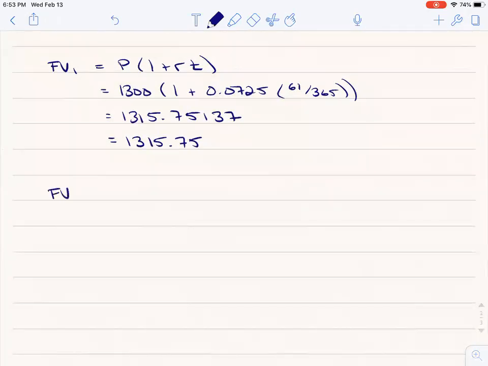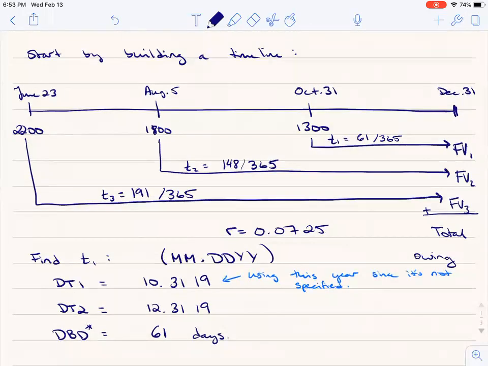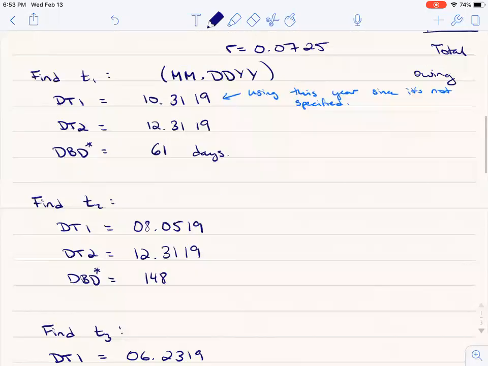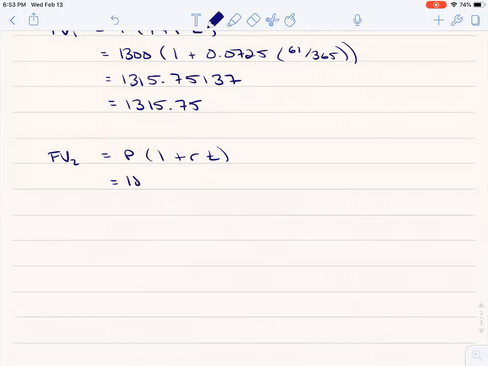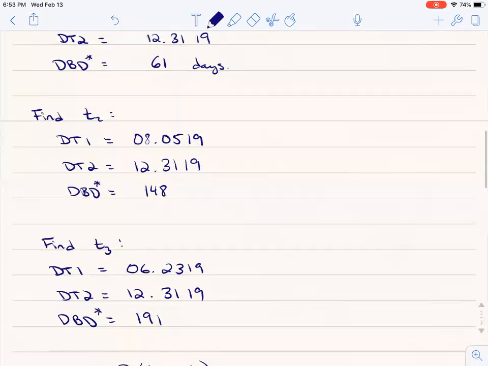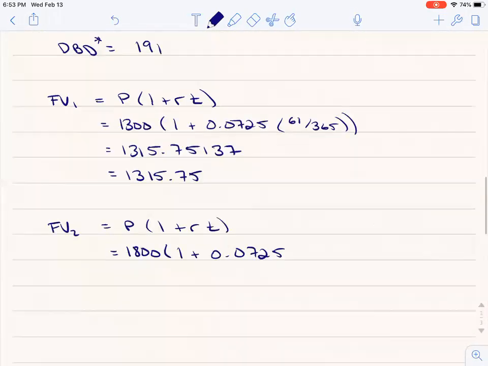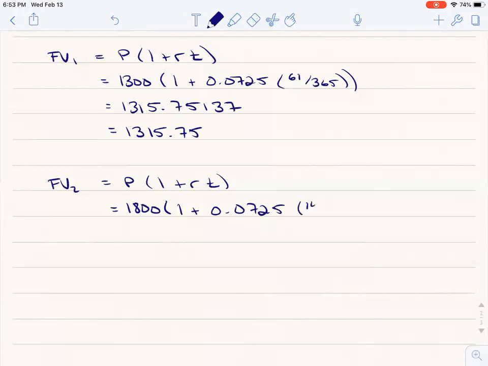Do the same thing for future value 2, P times 1 plus RT. Future value 2 had a principal amount of 1,800 times 1 plus 0.0725. Oops. What did we say? 148 days. 148 over 365.